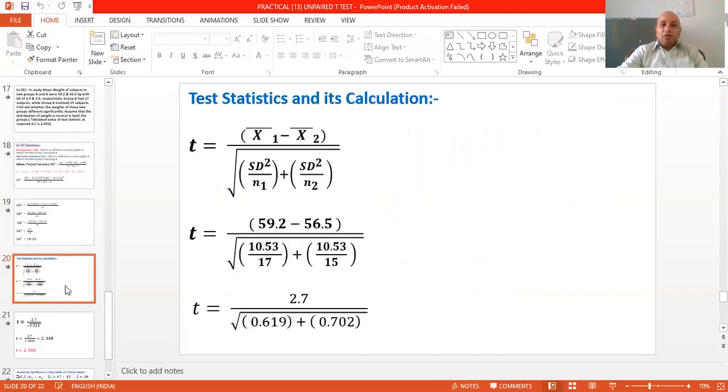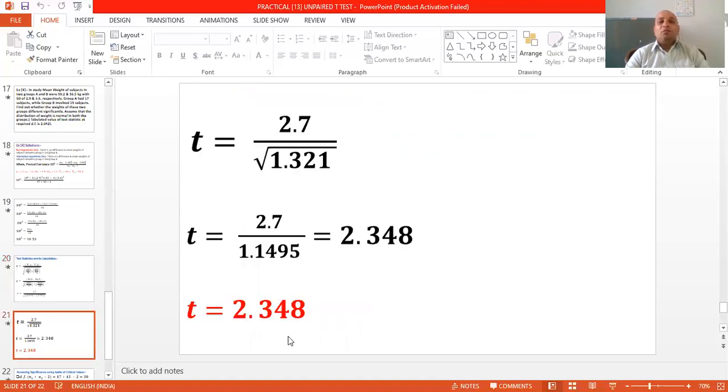Then next step, test statistic and its calculation. Then t is equal to x bar 1 minus x bar 2 upon under root of SD square upon n1 plus SD square upon n2. Put in the values in this formula. Then t is equal to 2.348.